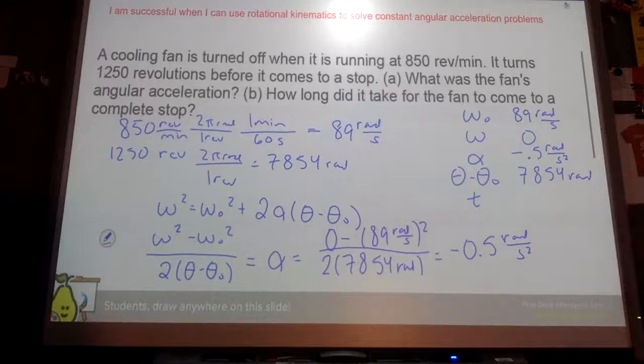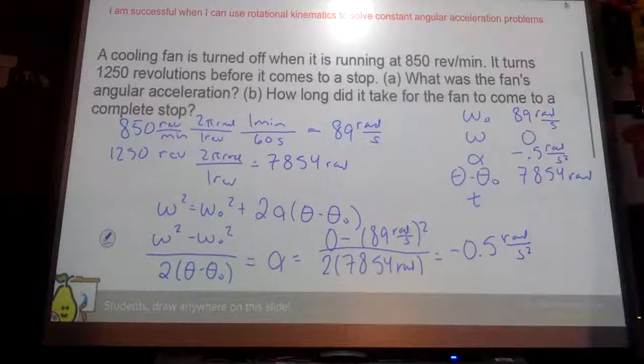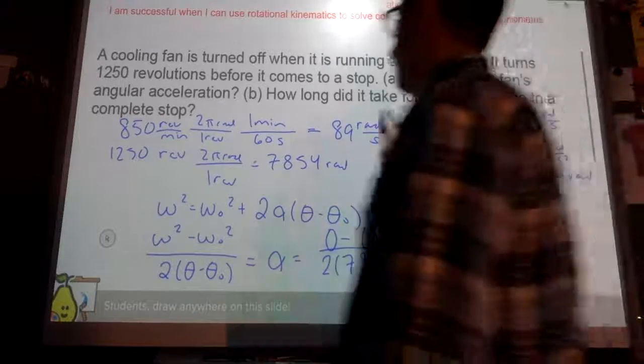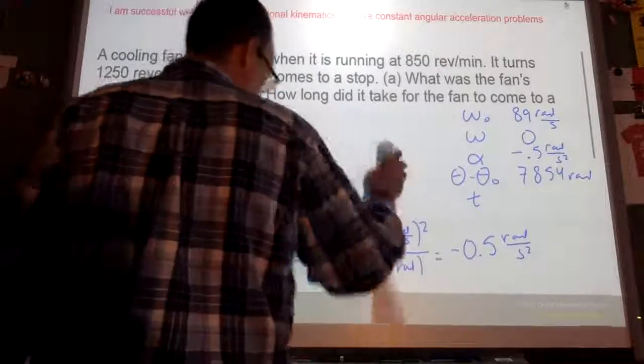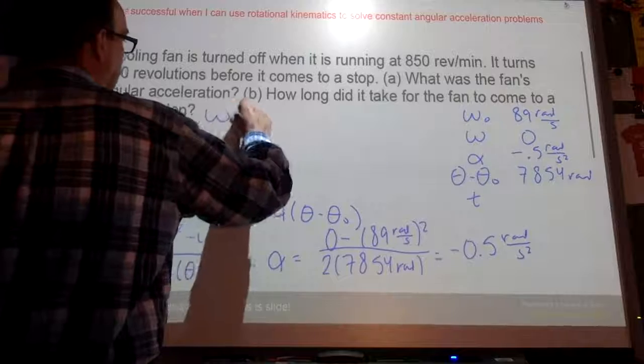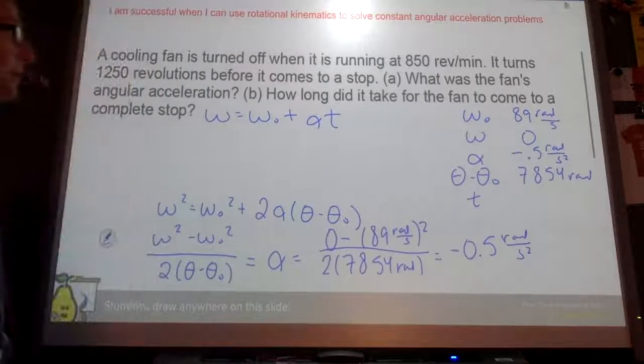And now I can solve for time in a number of different ways. I'm going to pick the v equals v naught plus at to get time. And I'm going to erase some of this stuff to make my life easier. Substitute in my rotational, and that tells me that omega equals omega naught plus alpha t.